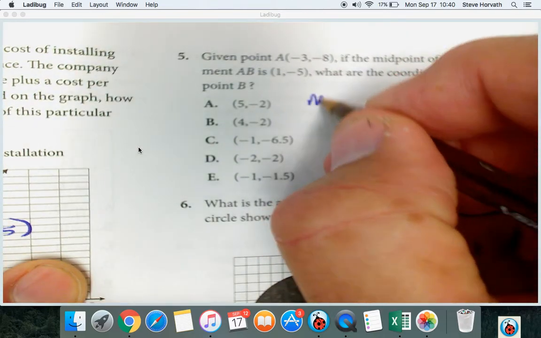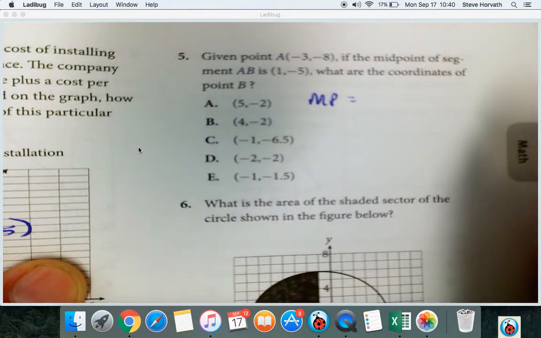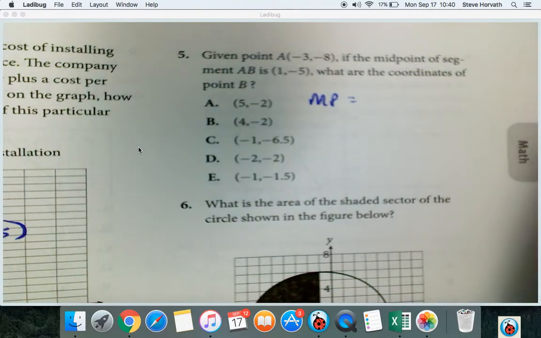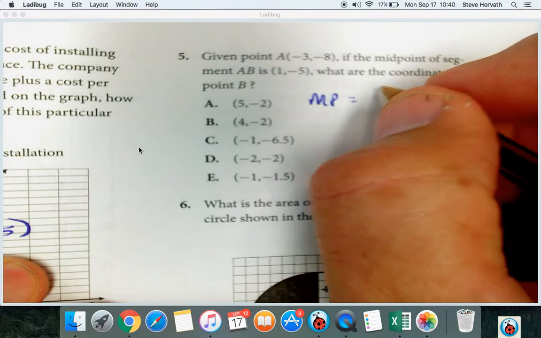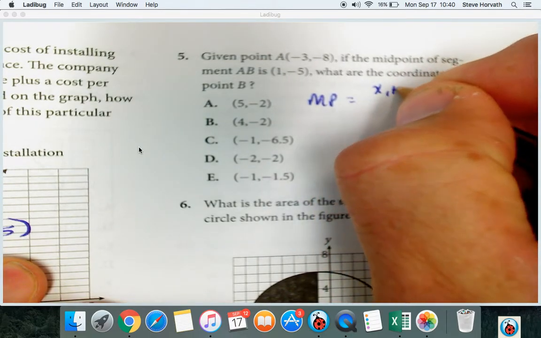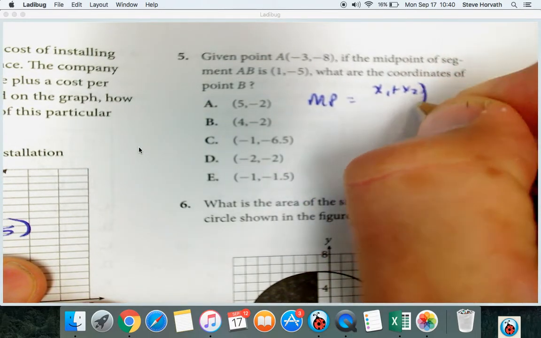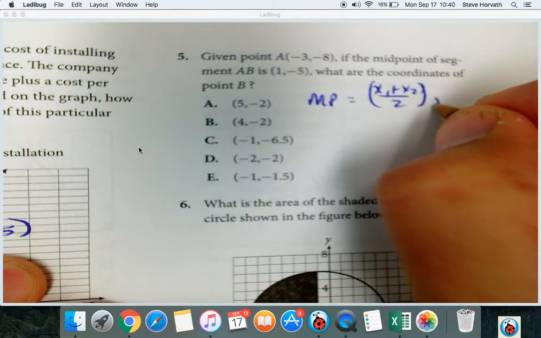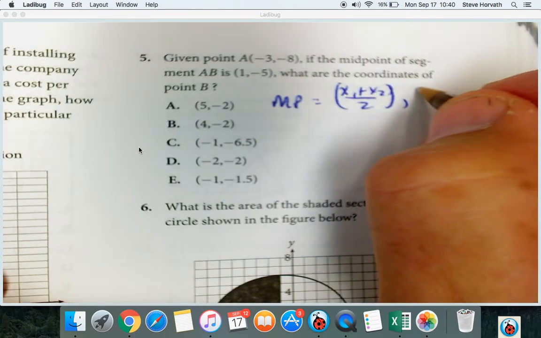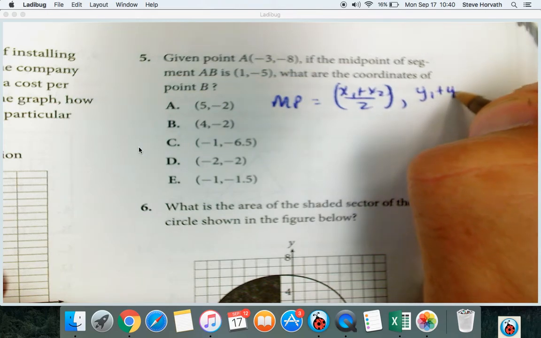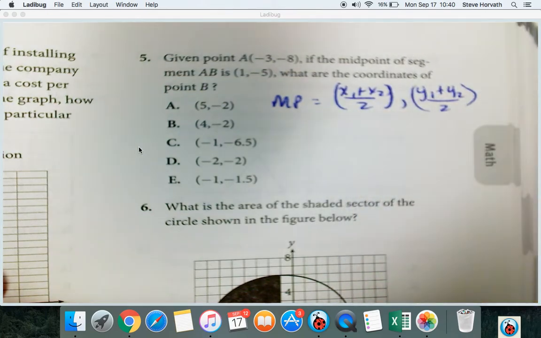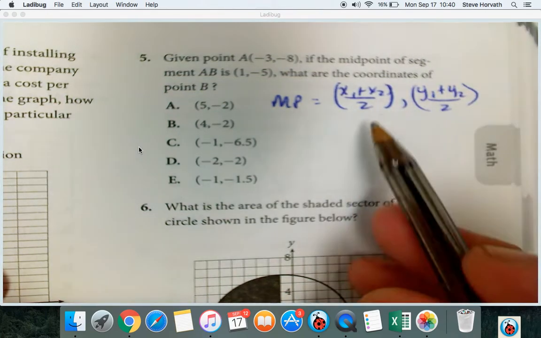Well, midpoint formula is, remember, we take the sum of each coordinates and divide by 2. Midpoint is x1 plus x2 divided by 2. That's the x-coordinate. And the y-coordinate is y1 plus y2 divided by 2. So this is how we find the midpoints.